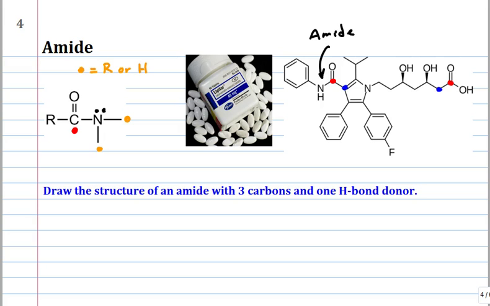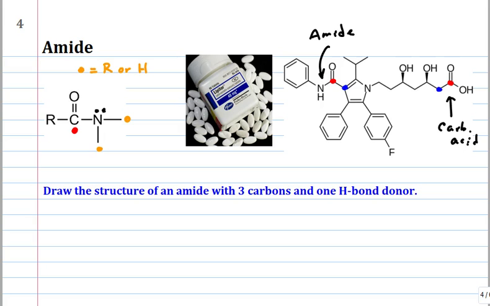That fits the general formula for an amide. Okay? Look over here. R, C double bond O, OH. Carboxylic acid.